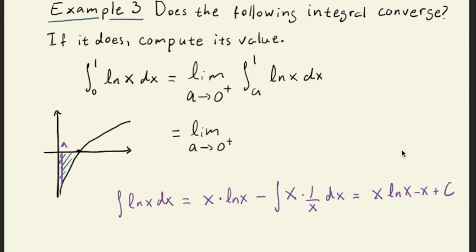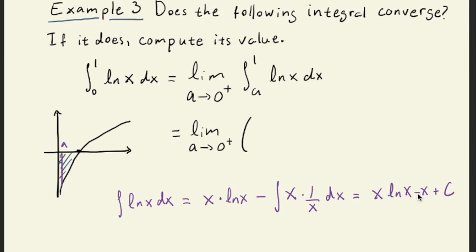You can check that it's correct because if you take a derivative, you're going to get a product rule, 1 times log x plus the other term. Let me not do that now because it's going to take too much time. But this computation tells us that one antiderivative of log x is x log x minus x, so that's what I'm going to use.